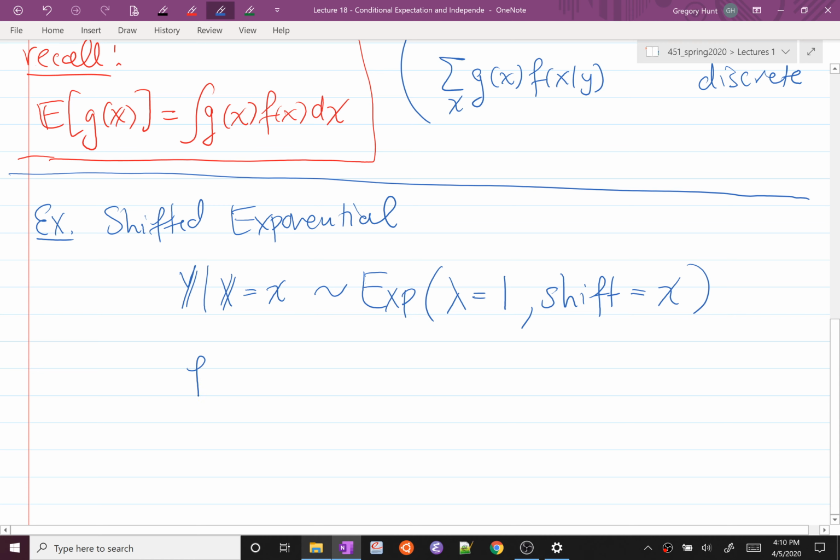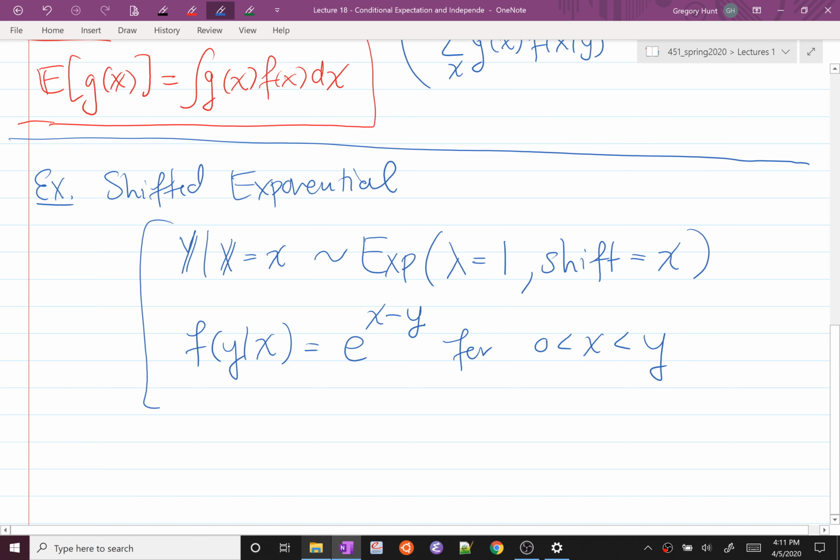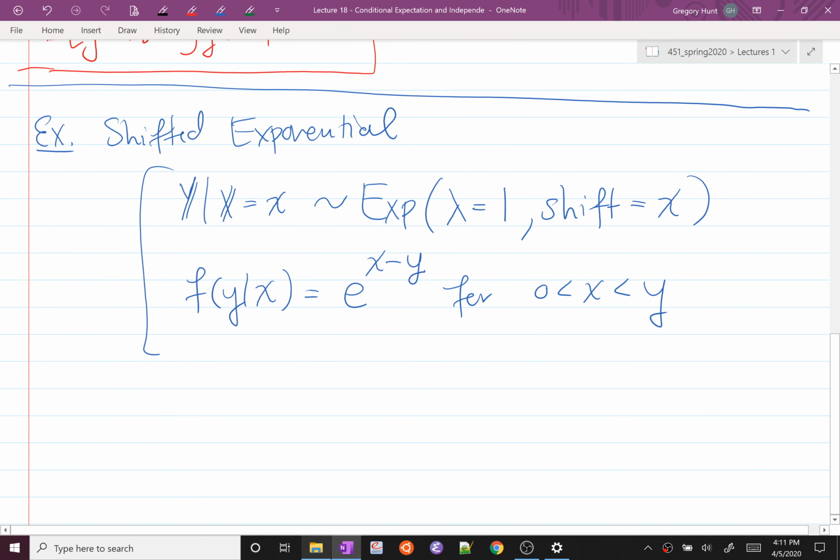And what we saw in that example was that f of y given x had the formula e to the x minus y as long as 0 is less than x less than y. So this is our previous example.